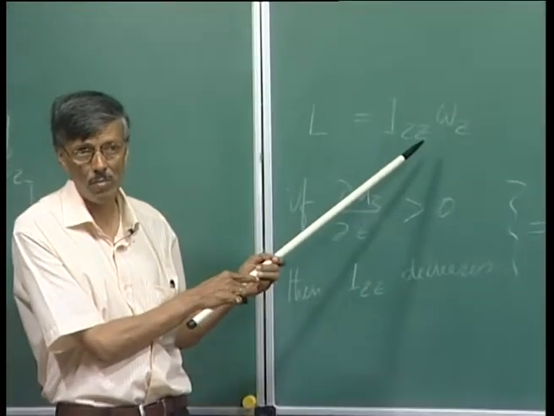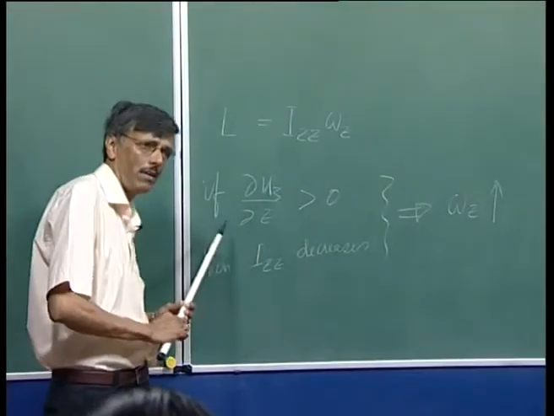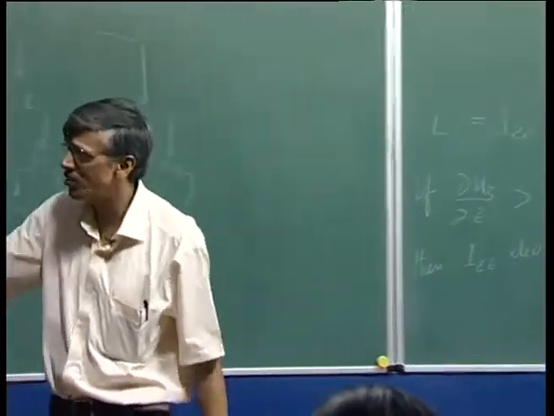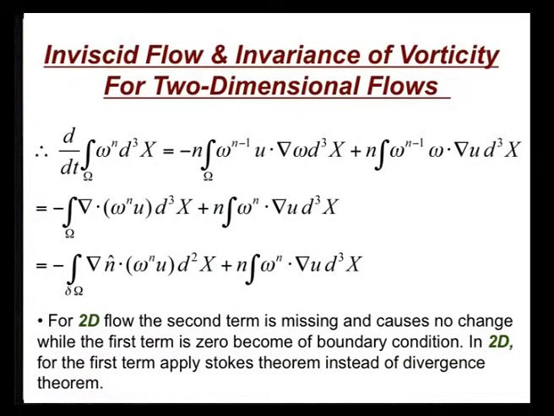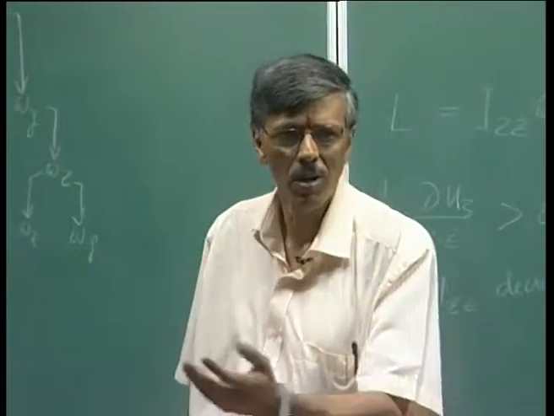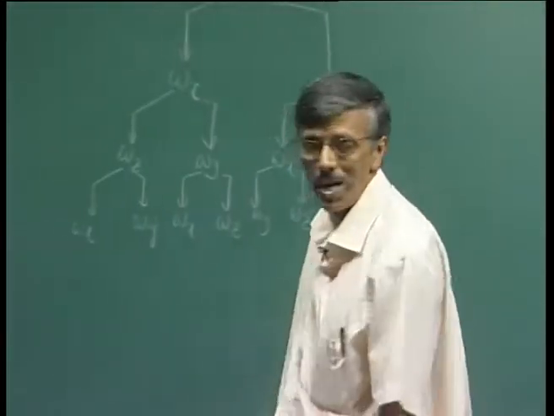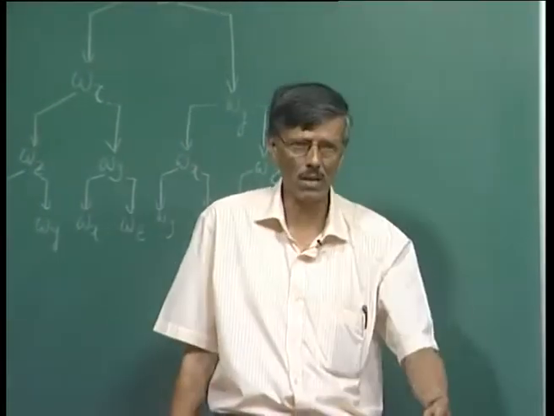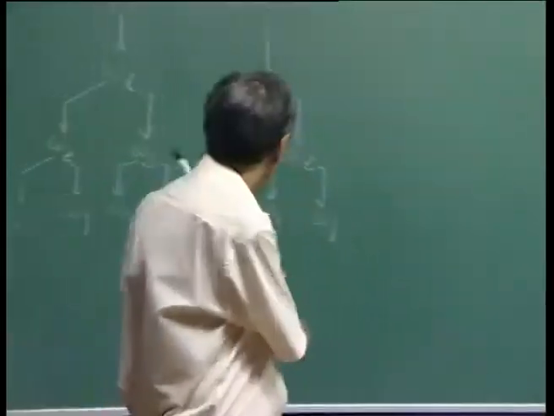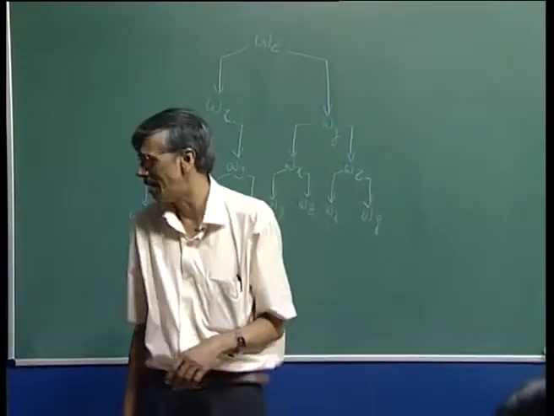Remember that if I look at some kind of a norm, say Enstrophy, that will be omega x square plus omega y square plus omega z square. So, if omega z square increases, it better be that omega x and omega y should decrease, and that was this whole idea of this tree diagram that we had.